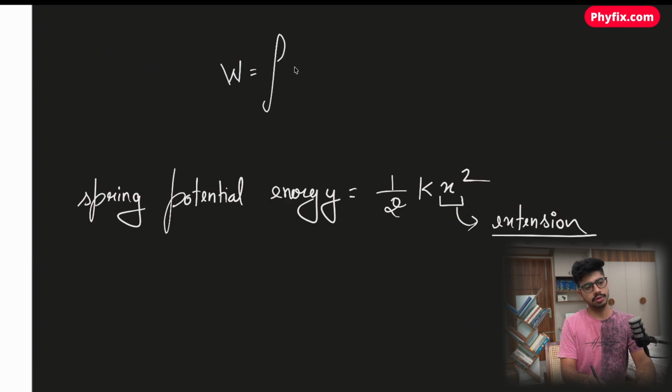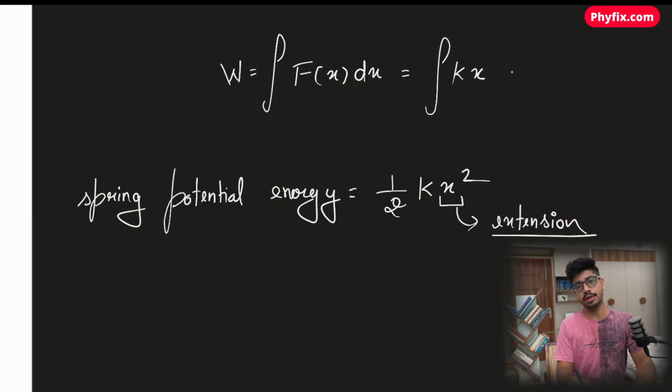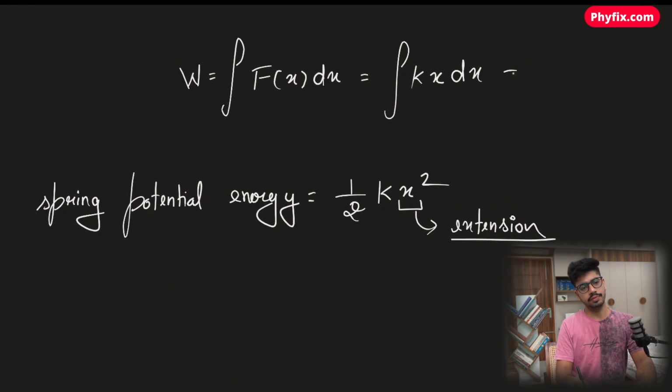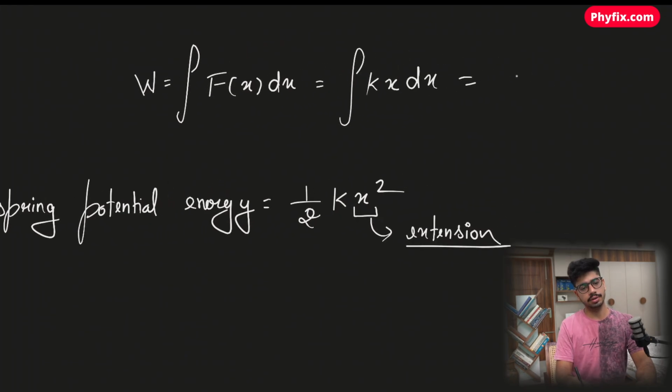The work done is equal to the force times dx, where the force is changing with position because this is a spring force. The formula for the spring force is kx, ignoring the negative sign for a moment. If you integrate kx dx, you will get kx squared by 2.